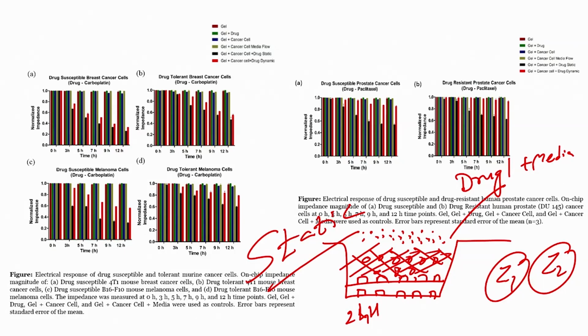Why I cannot perform this experiment, or why should I not perform this experiment, right, that is a question. So, the answer could be that because our body is dynamic and not static, we should try to see what happens in a dynamic situation compared to a static platform, right, because here the drug plus media is in continuous contact with your cancer cells that are loaded inside the matrix gel.